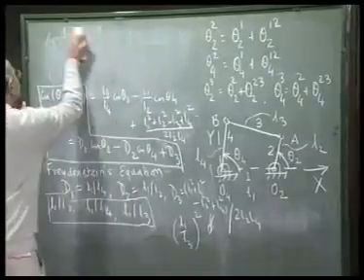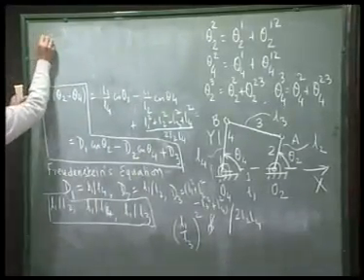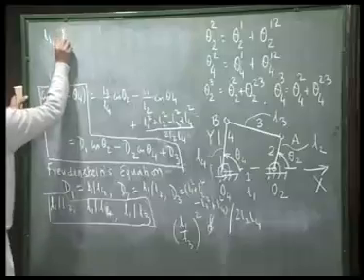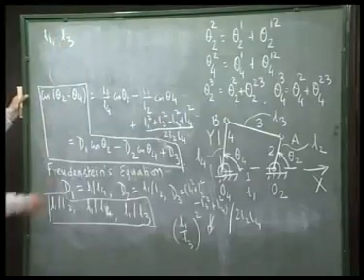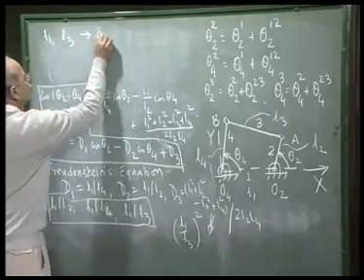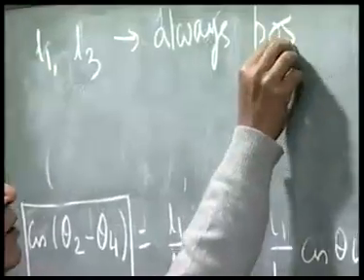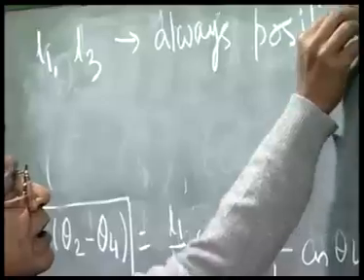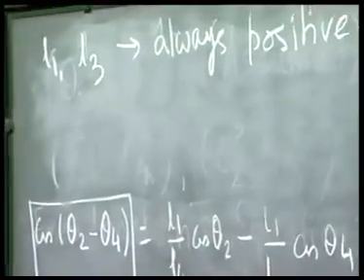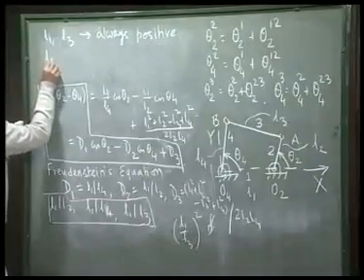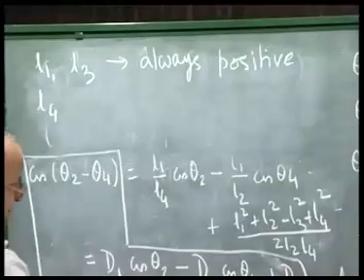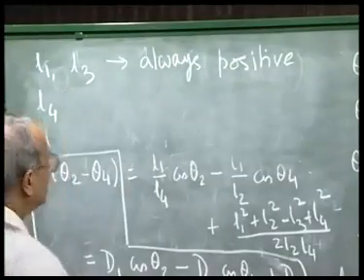So, to summarize, I can say that the fixed link length and the coupler length are always positive. If d1 turns out to be negative, that means L4 can be negative, and if d2 turns out to be negative, then L2 is negative.